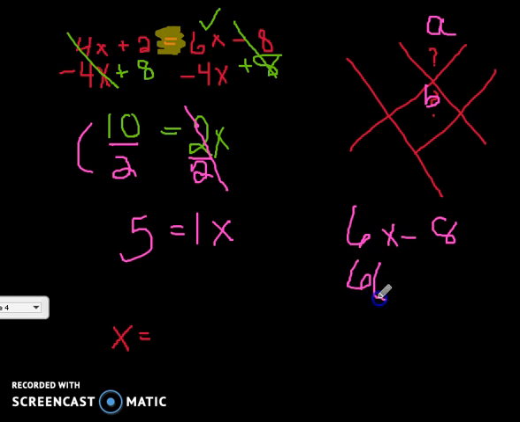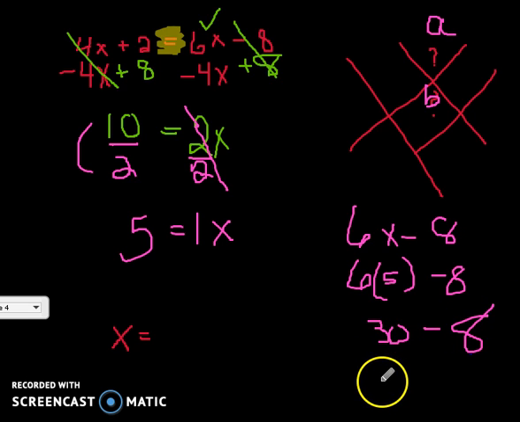So 6 times 5 minus 8. Don't stop once you find x. You'll get the answer incorrect. 30 take away 8 is what? 22. So the measure of angle B is 22.